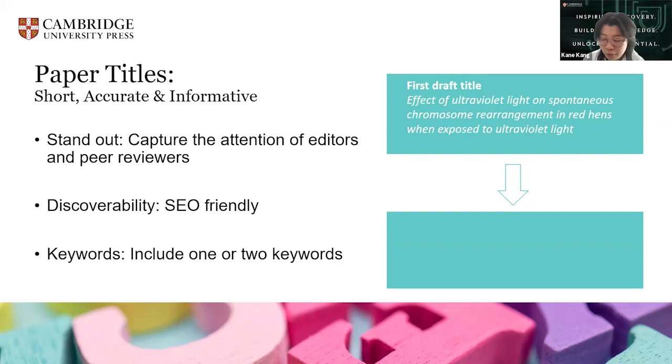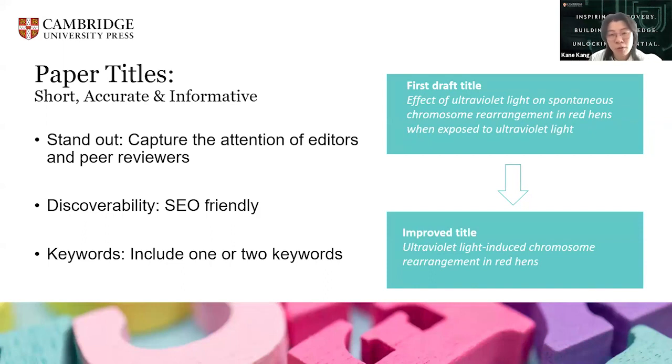The improved title makes it more direct and simpler: ultraviolet light induced chromosome rearrangement in rat hens. It is more direct, more accurate, and shorter. This is very useful for peer reviewers and editors to read. So that's what we said: short, accurate, and informative.